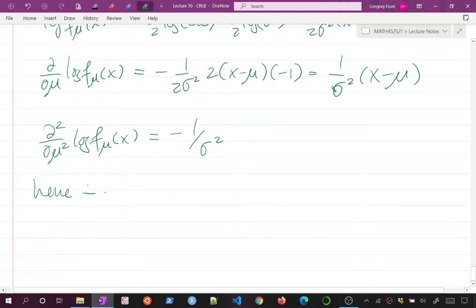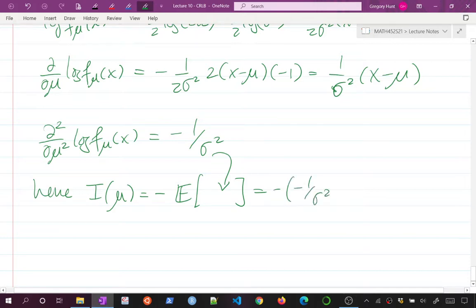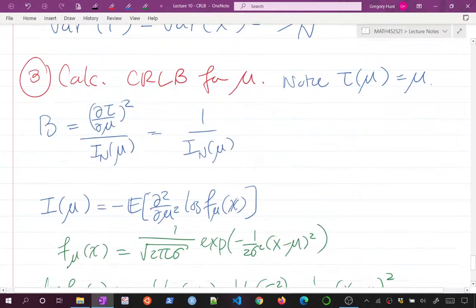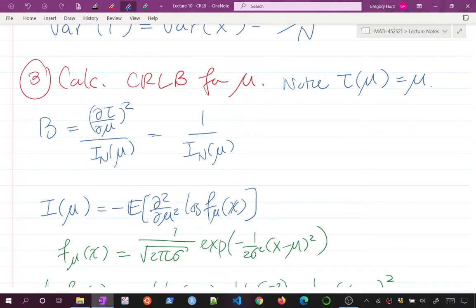Hence, the information about mu is the negative expected value of that thing, which, really nicely, doesn't actually depend on x. So the expectation is just trivially negative 1 over sigma squared, so the information is 1 over sigma squared. That's real cute. So all of that is to say now we can bring our bound down.